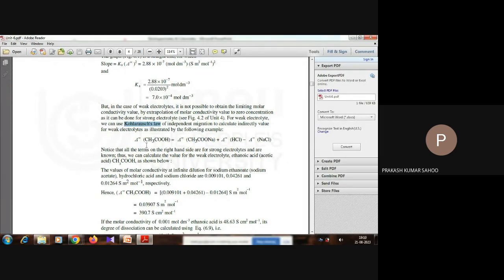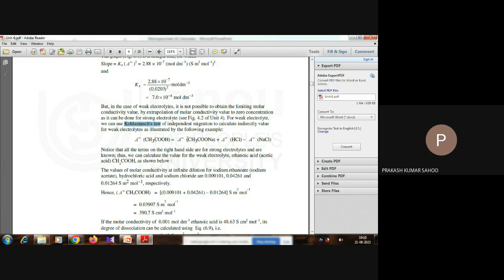That is, the conductance at infinite dilution of a weak electrolyte is the conductance of the respective ions.